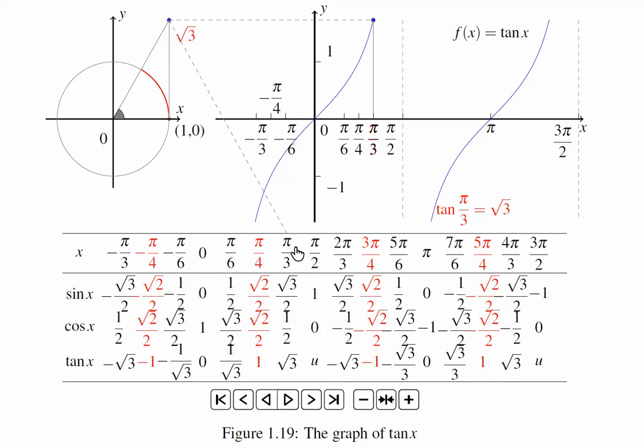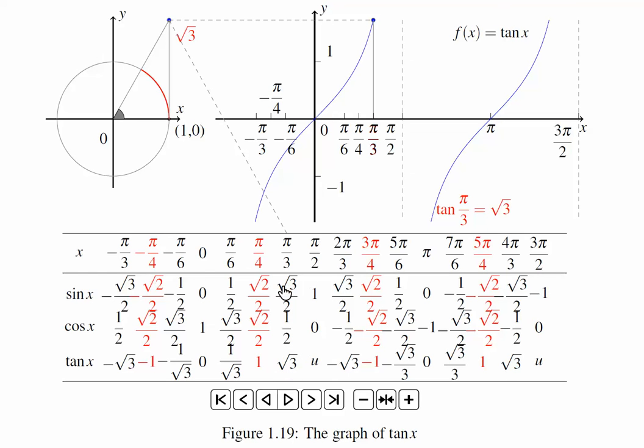That was graphically. On a table, sine pi over 3 is radical 3 over 2, and cosine pi over 3 is 1/2. You divide those two, you cancel the 2 on the denominator, so you have radical 3.